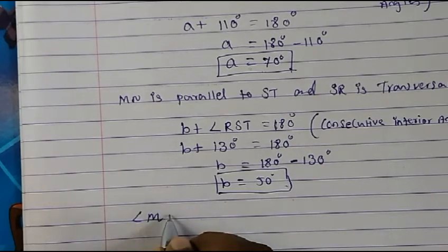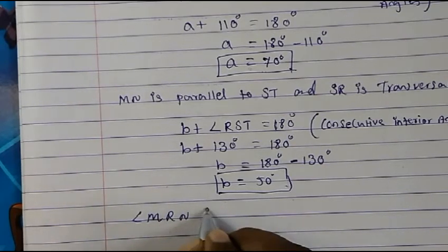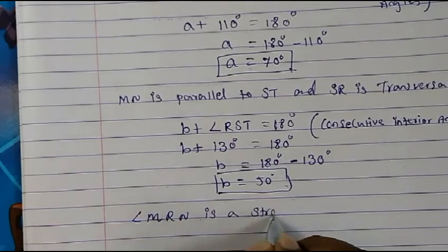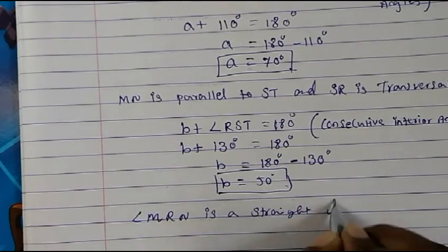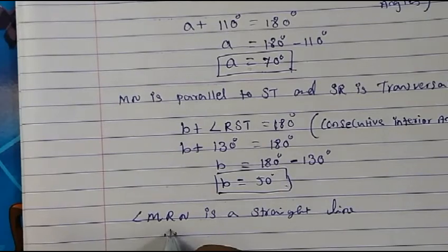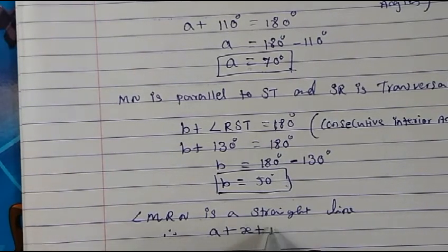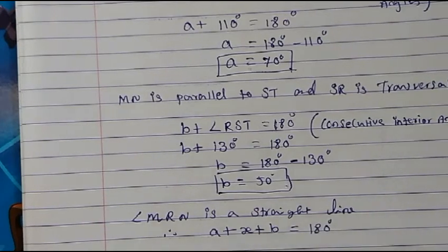Therefore, A plus X plus B equals 180 degrees.